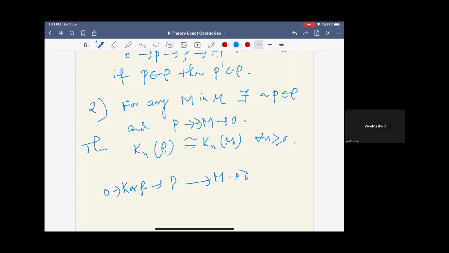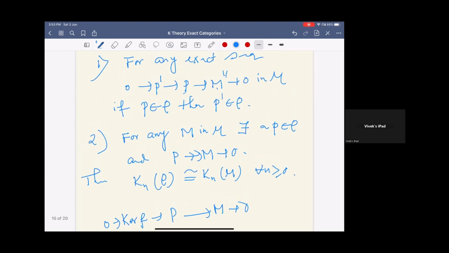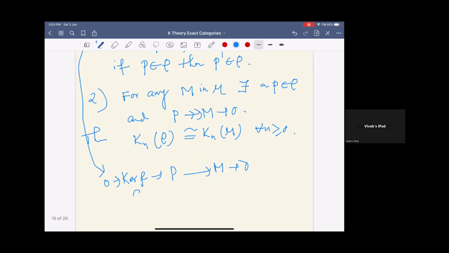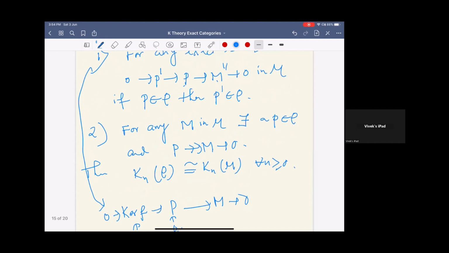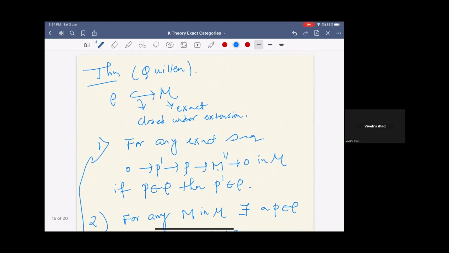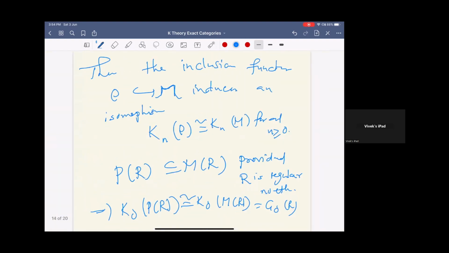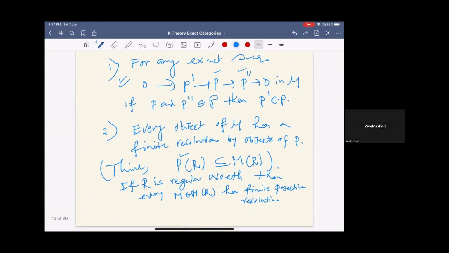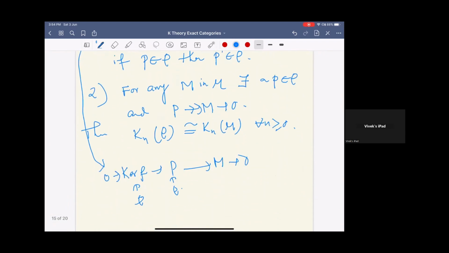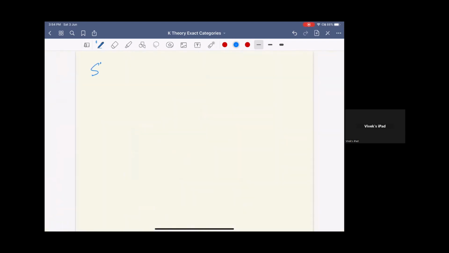By the first property, the kernel must be in rho, because P belongs to rho. So that means every object of M has a finite resolution. The second property is also satisfied in this setting. That's why this is more general. If you prove this theorem, then your first theorem is a consequence. Okay. So how to prove this theorem? The sketch of proof.